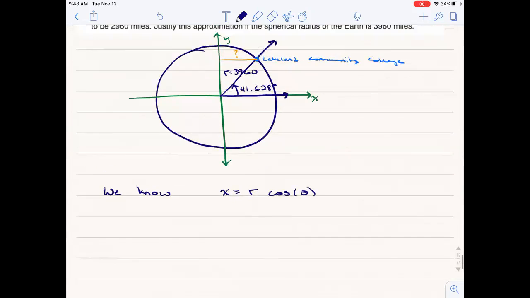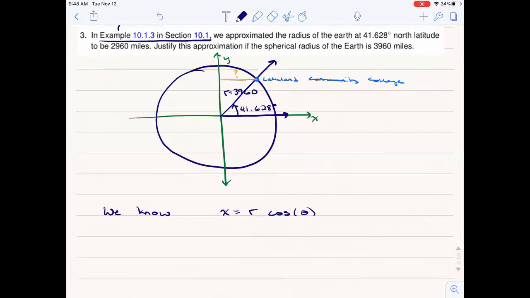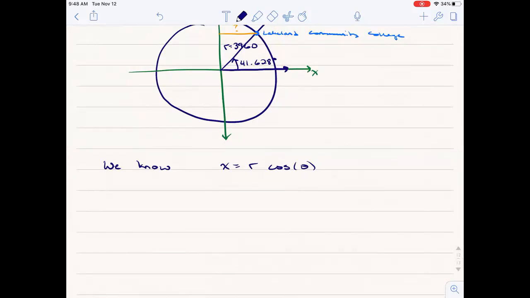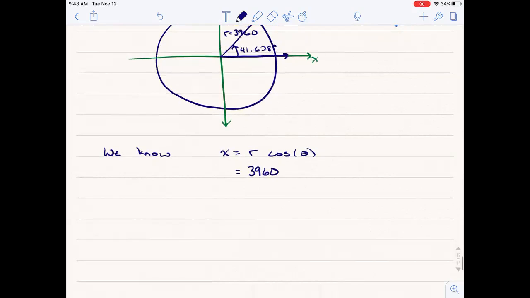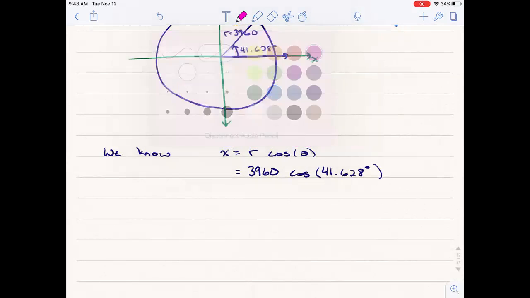So X is going to be the radius, which is 3960, times the cos of 41.628 degrees, right?